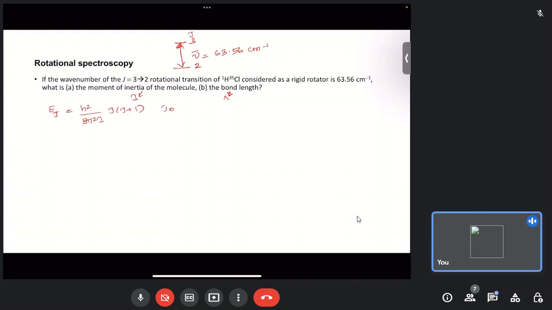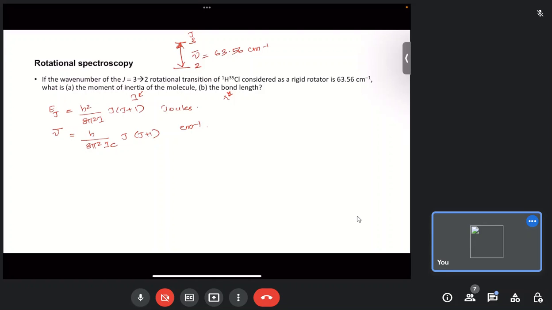This is in joules. The corresponding value in wave number is going to be h by 8 pi square I c, J into J plus 1. This is in centimeter inverse.